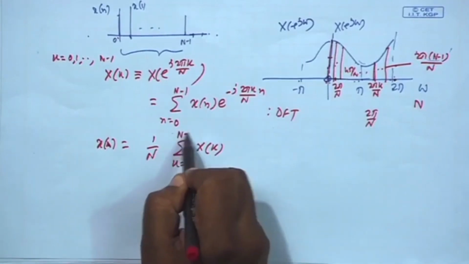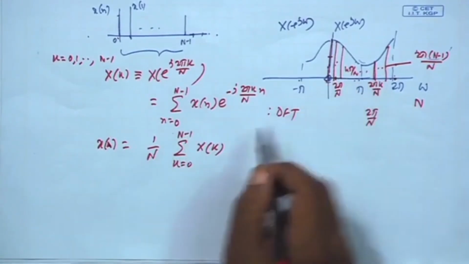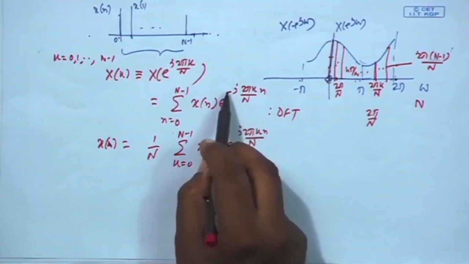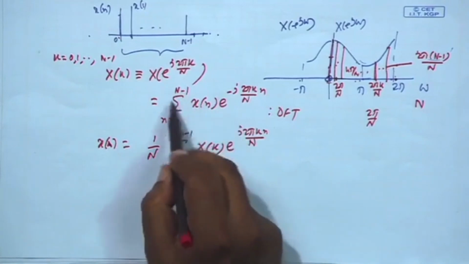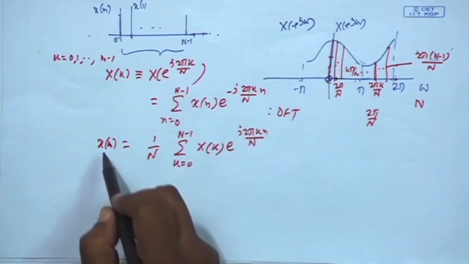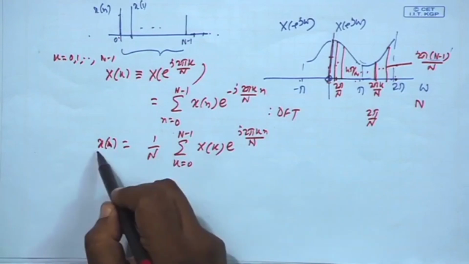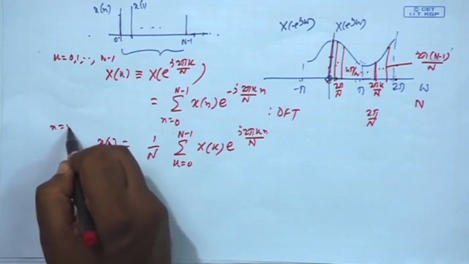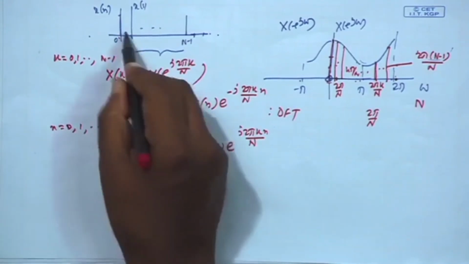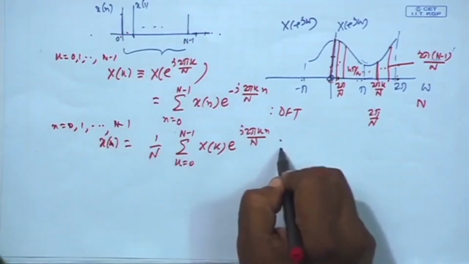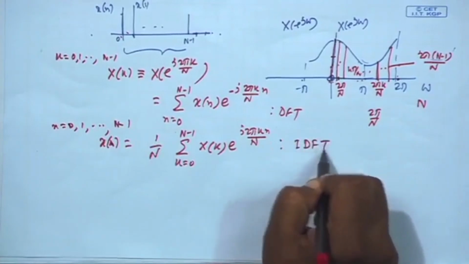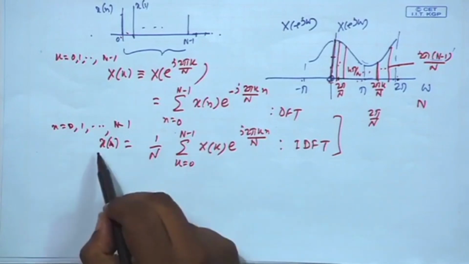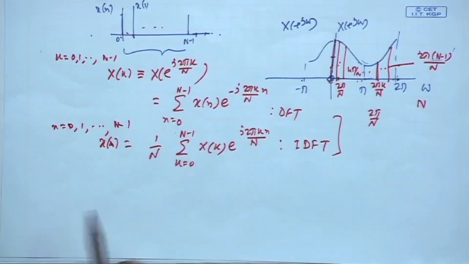So, k also ranges from 0 to N minus 1, and this formula has e to the power j 2 pi k n by N. Here it was minus, it is plus. Here it was summed over n, it is summed over k. Here small n is your choice, fixed from outside. Here k was your choice, fixed from outside. N also is from 0, 1 up to N minus 1 as given here. This is called the inverse DFT, IDFT. So, that means I can get back my original x[n] from the DFT only.